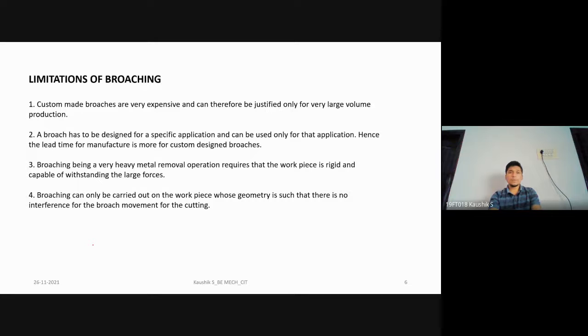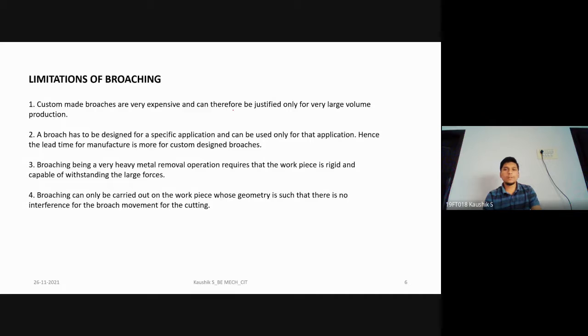There are still a few limitations of this broaching technique. One is that the broach tool is very expensive due to its structure, where a very high number of teeth are involved in the cutting process, and it is very difficult to machine those broach tools.